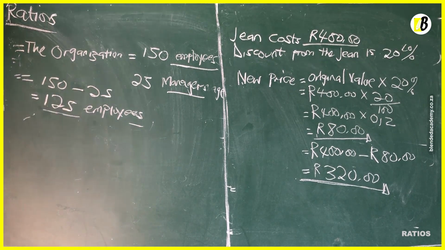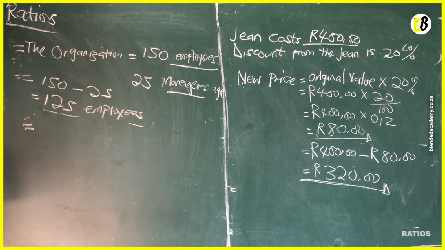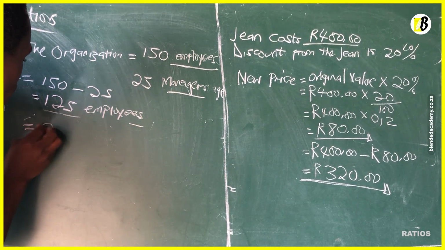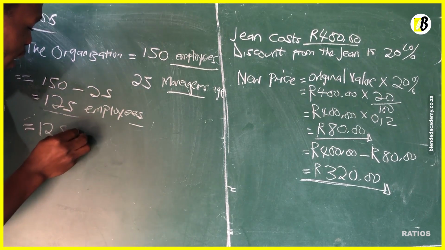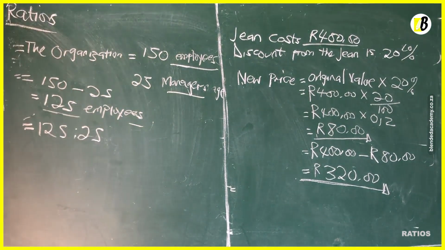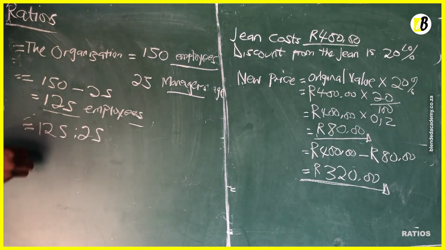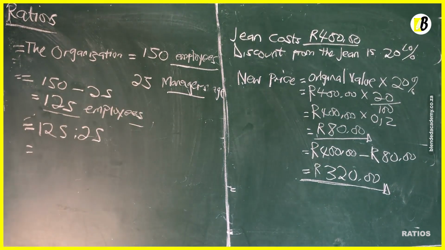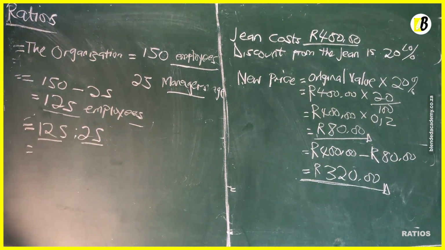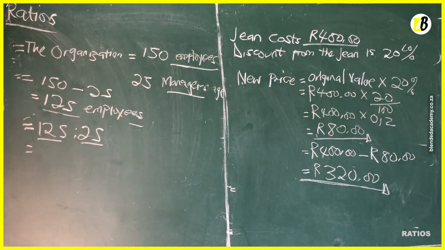So let's see if we can work that out. The ratio therefore is going to be 125 is to 25, right? So now we have to break it down.